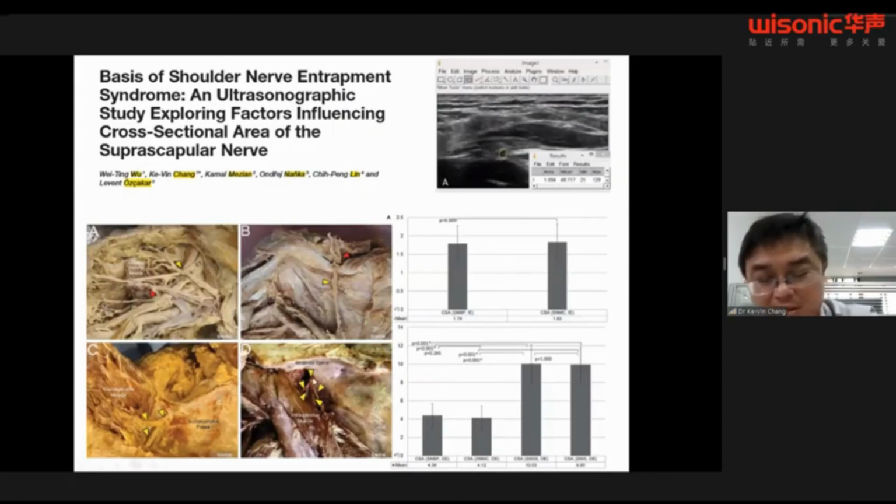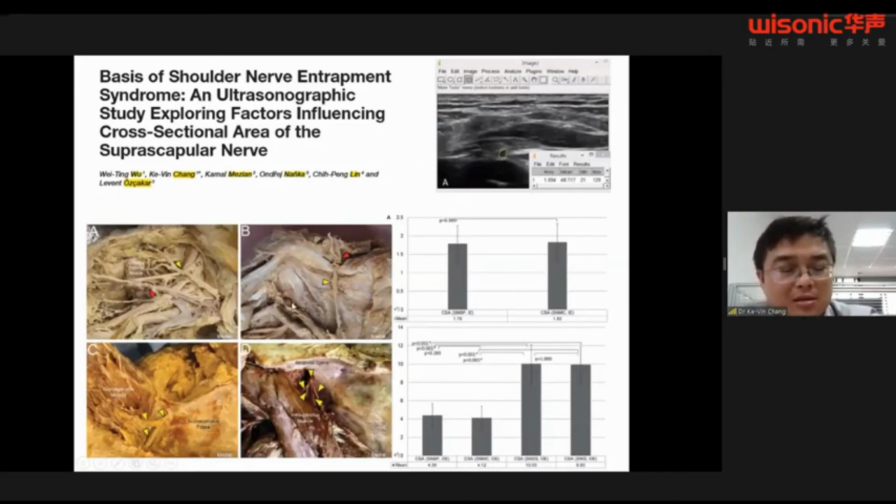This is our paper. We use this technique to treat patients with recalcitrant shoulder pain, because these patients may have difficulty sitting upright to receive the standardized suprascapular nerve block. So in this case, we let the patients be supine, and then we perform the proximal suprascapular nerve block.